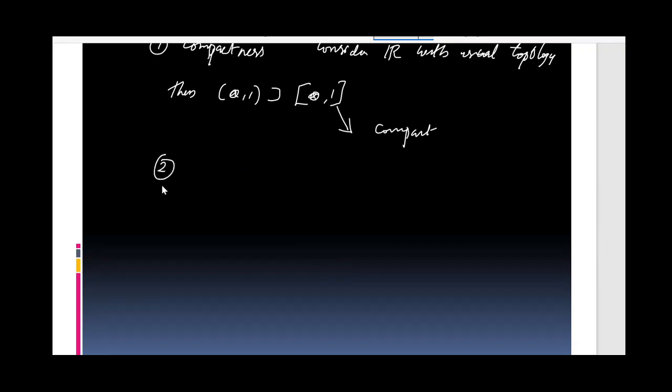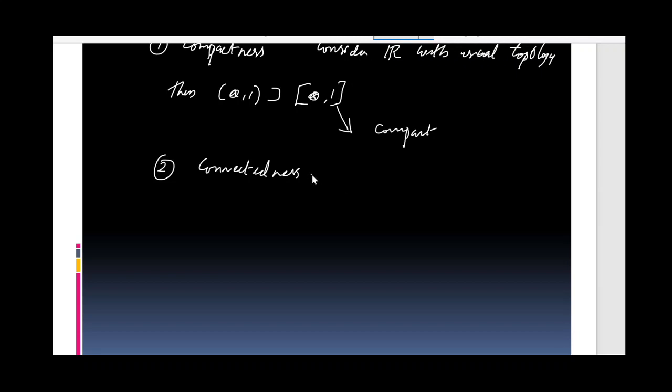Second one, connectedness. What was connectedness? It is not possible to write the space as a union of two separated sets, right? You have come across this definition in your real analysis classes.